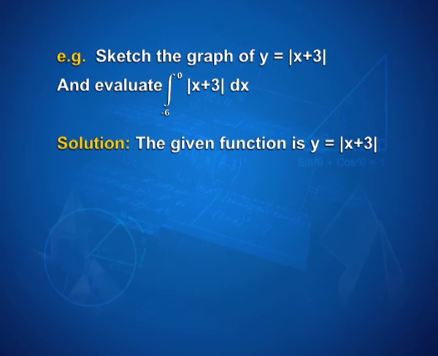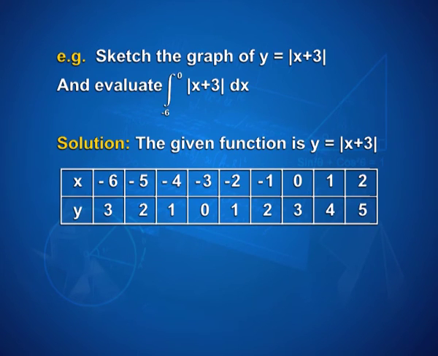For this, we prepare a table for x and y coordinates -6 3, -5 2, -4 1, -3 0, -2 1, -1 2, 0 3, 1 4 and 2 5 are the respective ordered pairs we obtain from the equation y is equal to modulus of x plus 3.